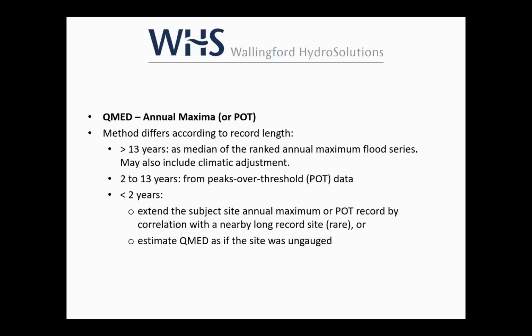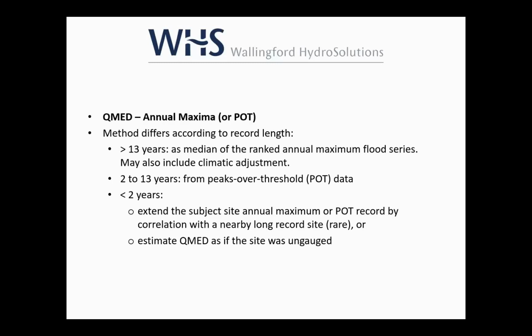So what about gauged sites? So if you have a record of over 13 years, you will most likely use the annual maxima flood series and take the median of that flood series. You also need to consider whether the gauging station is suitable. So you might have a record that's over 13 years, but if there's significant bypassing upstream of the site, it may not be appropriate.